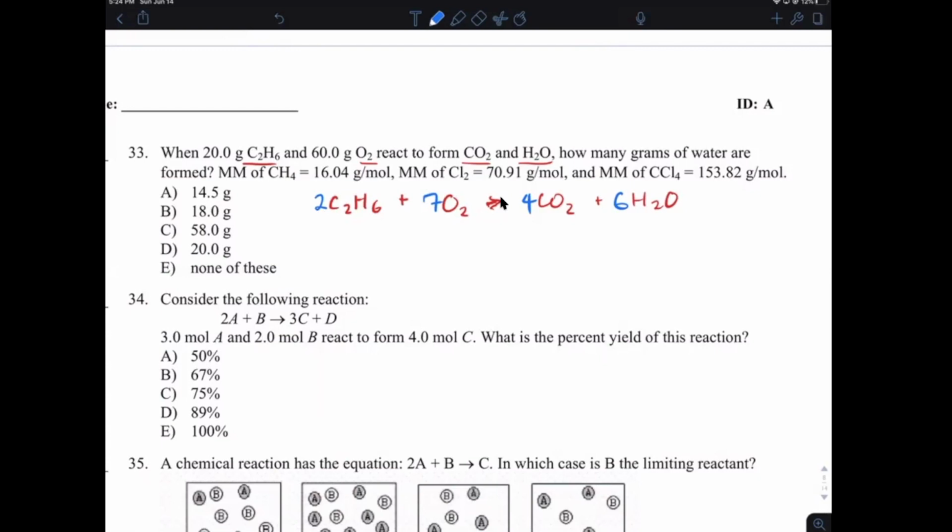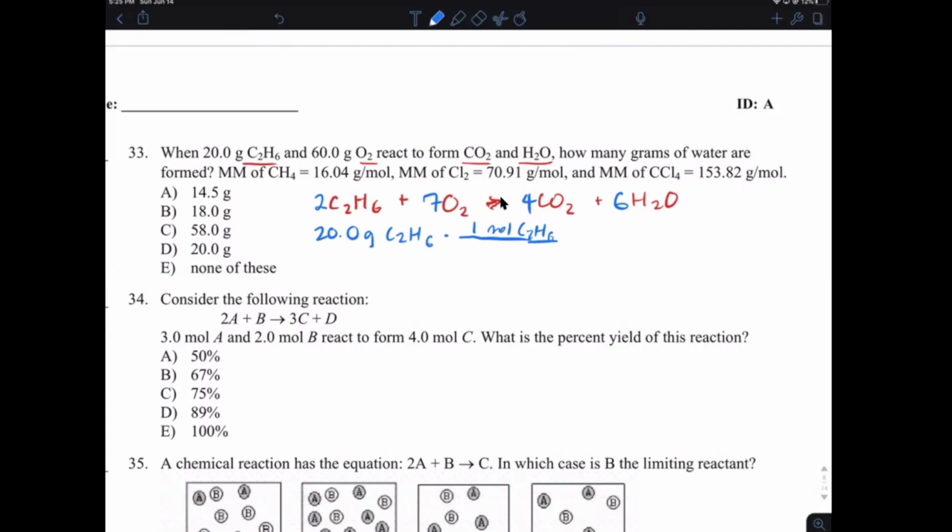Okay, that looks good. So from here, we're given grams C2H6, and we should probably convert this to moles. So how do we do that? We just divide by the molar mass. So 1 mole C2H6, and it doesn't tell us the molar mass, so we have to calculate it.